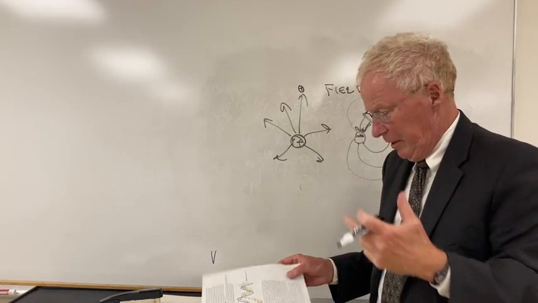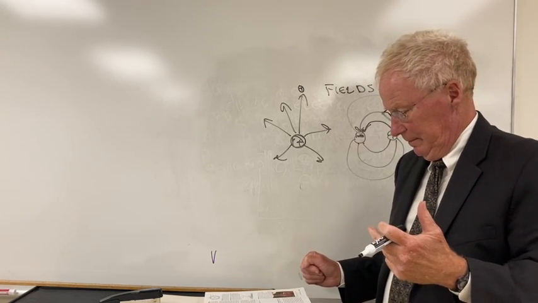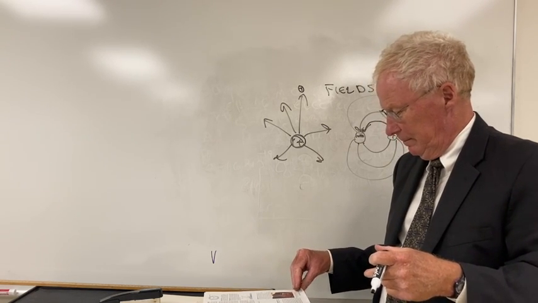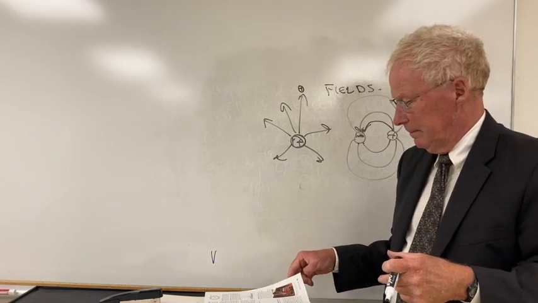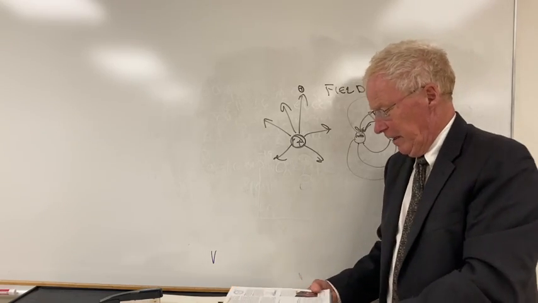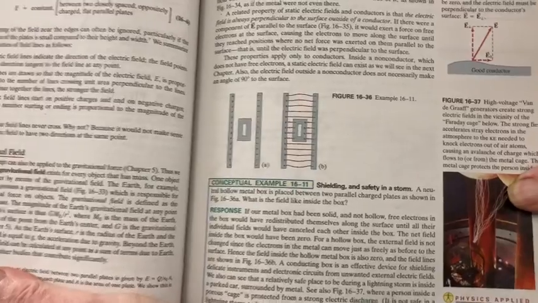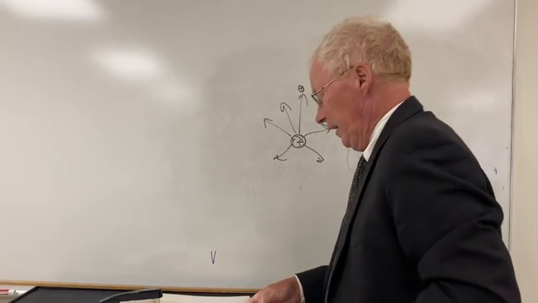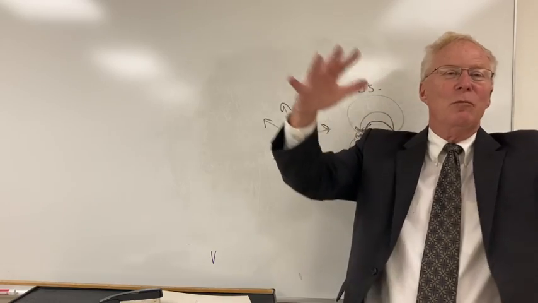I'm not going to do anything with Gauss's law, we're obviously not going to do anything. Oh, and then just the fact that if we have a conductor, electric field inside the conductor is 0, as we see here, which is why you're safe in a metal car, because any electricity that conducts it will flow around outside.